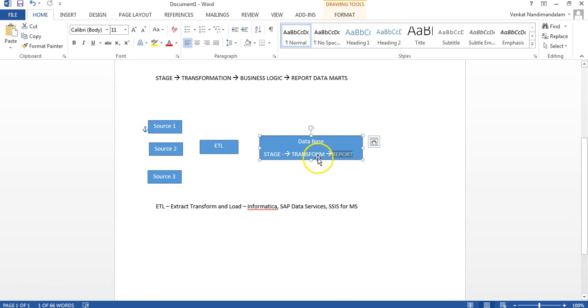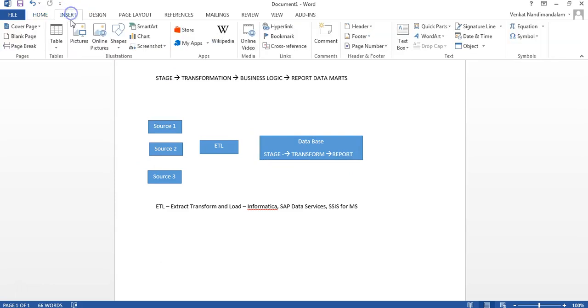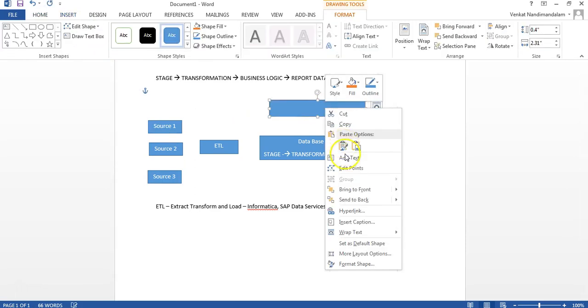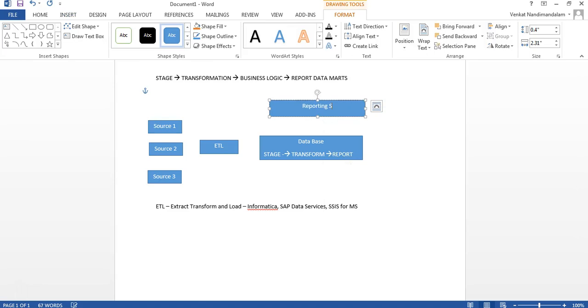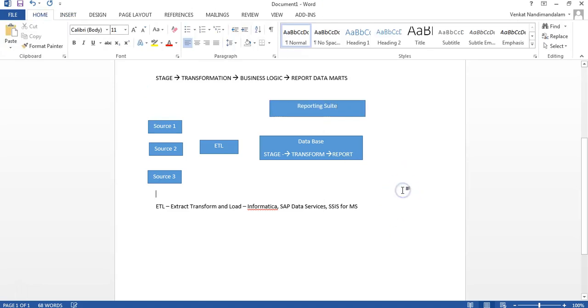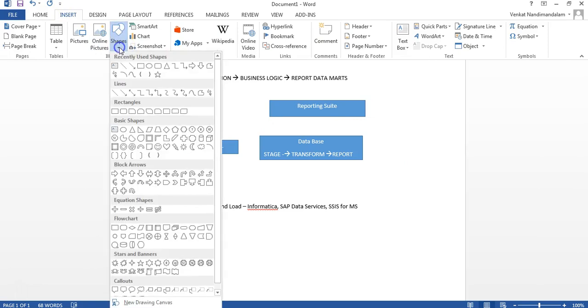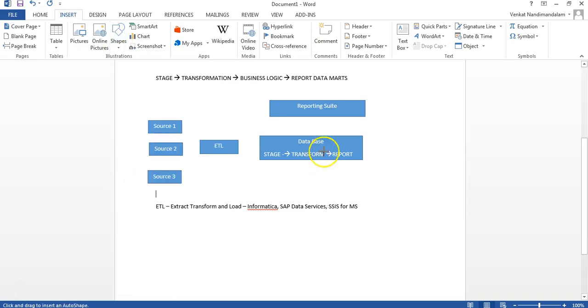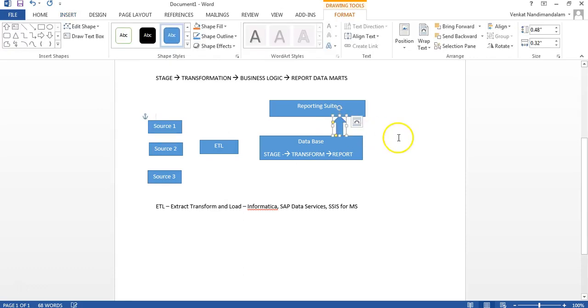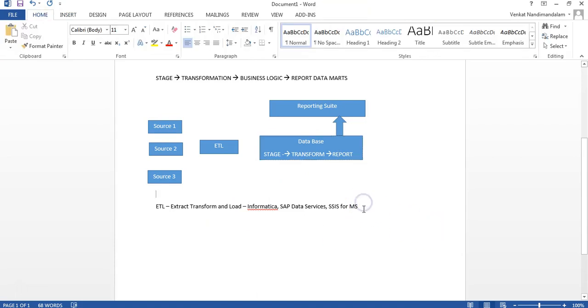Whenever you want to move data from one schema to another schema, you will always be using your ETL tool. Now once you have the data in your report schema, you are going to build reports. We have different reporting tools available in the market, so you can use any of them. I'll just call it a reporting suite. You can use any of the reporting suites that are available in the market to build your reports for the customers. So you always use the data from the report schema to build your reports.